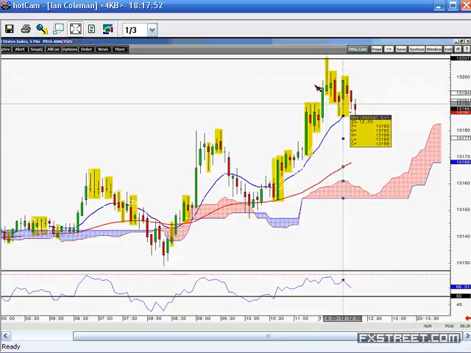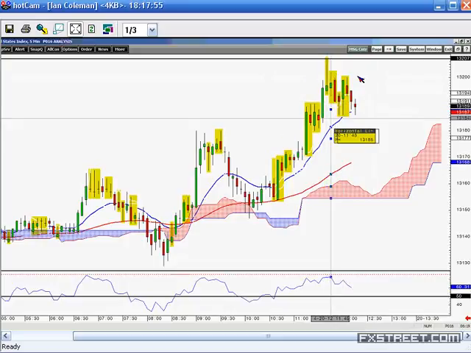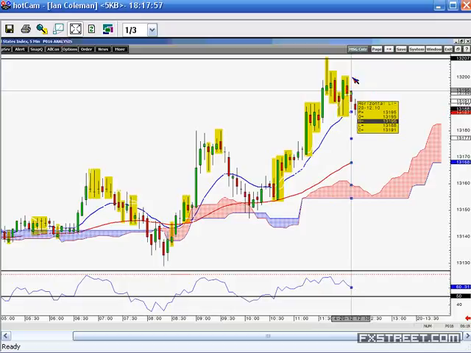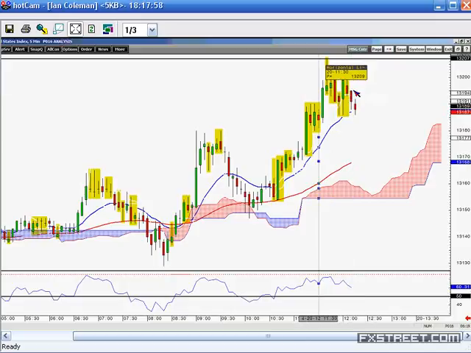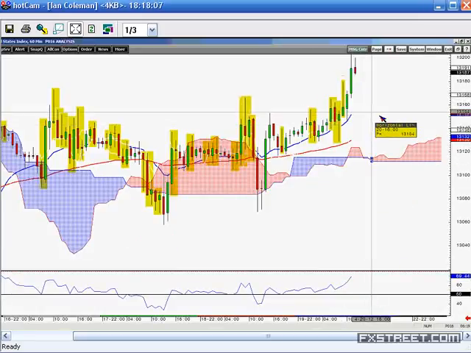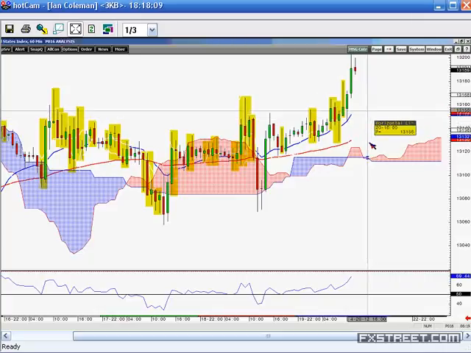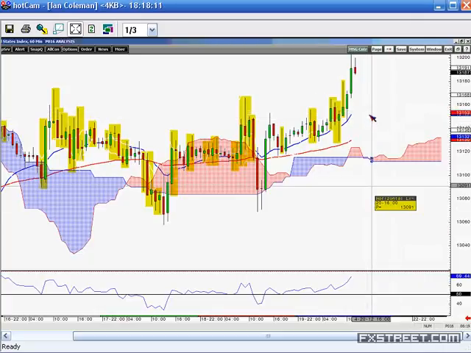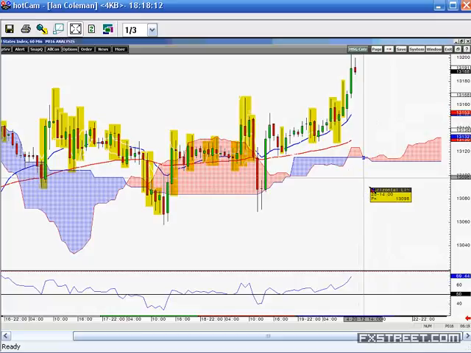The train has left the station and it's really gathered speed. If she's going to turn, there's going to be some fights going on around this turning level, and it's really not until we get to our shorter time frames and we start to breach below 50, breach below these moving support levels that I use, that the bias can change.